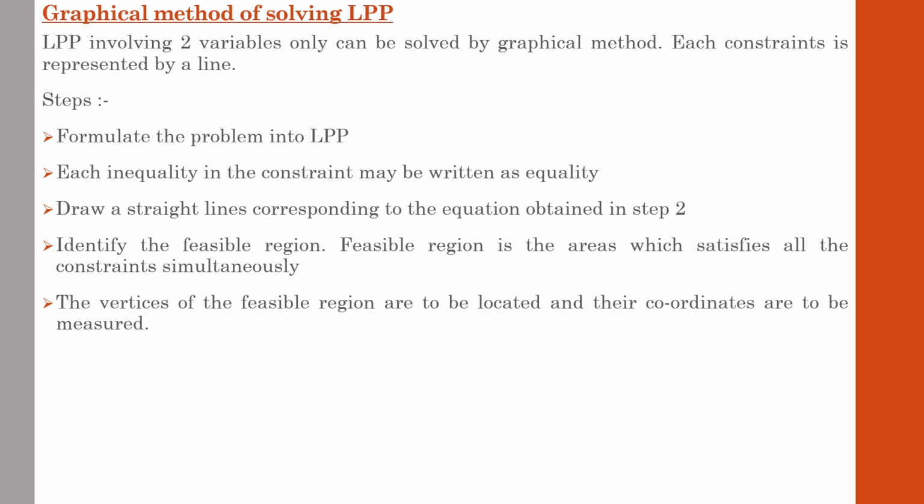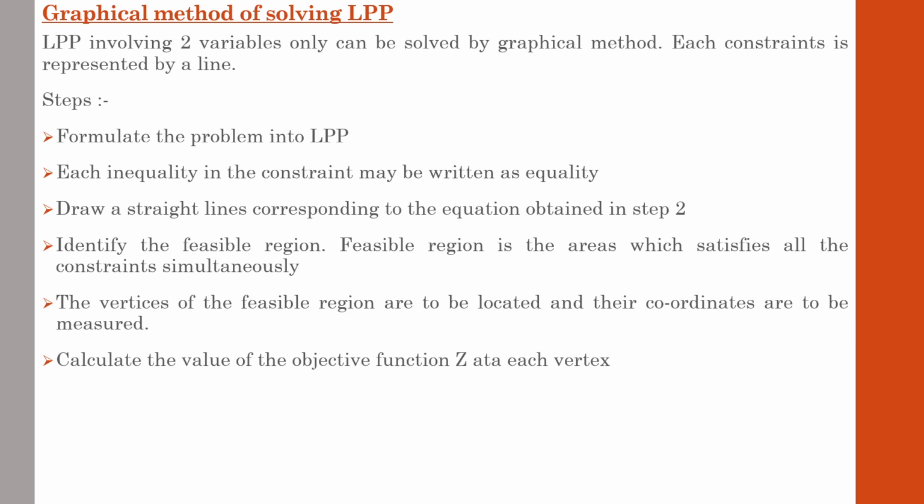You need to identify the coordinates of each of the 4 points. For the time being, I am using a simple term like rectangle. You will not get a feasible region exactly like a rectangle; it is almost like a rectangle. You will get a clear picture while dealing with the question. Anyway, you need to find the coordinates of all these 4 points.